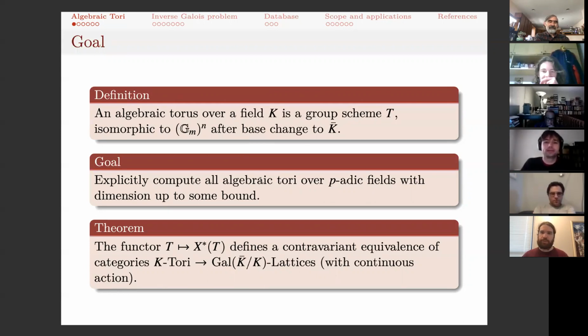It's when you introduce the Galois action and start thinking about tori over non-algebraically closed fields that you get a lot of interesting behavior. So what I would like to do is to explicitly compute a list of all isomorphism classes of algebraic tori over Q_p for dimension up to some bound. And I'll explain why I don't really need to restrict the p a little bit later.